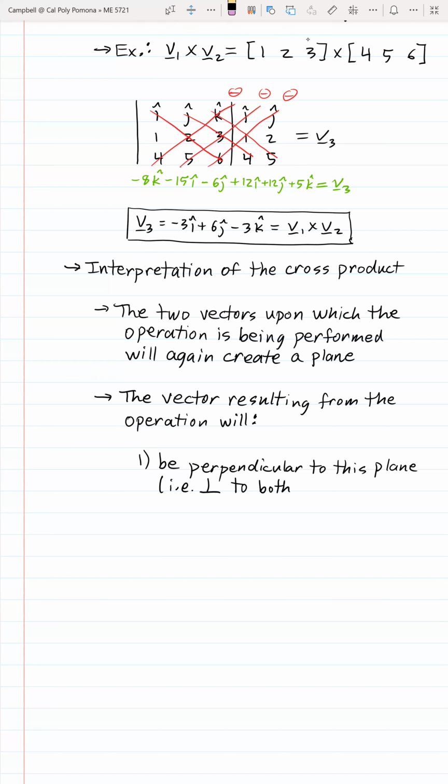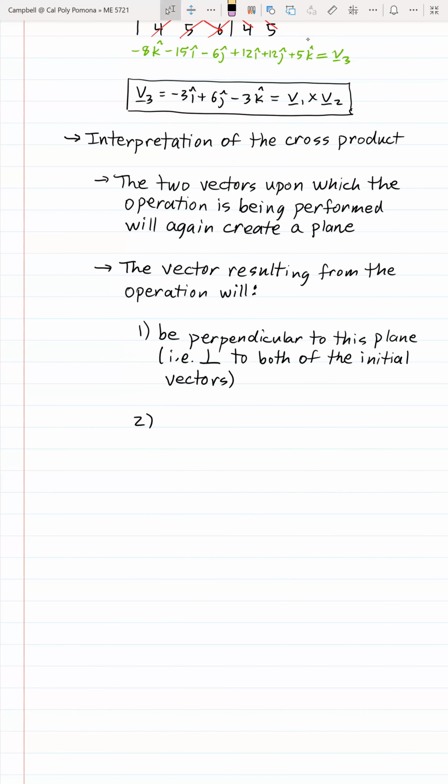By necessity, that means it would be perpendicular to both of the initial vectors. 2, it will have a sense determined by the right-hand rule.